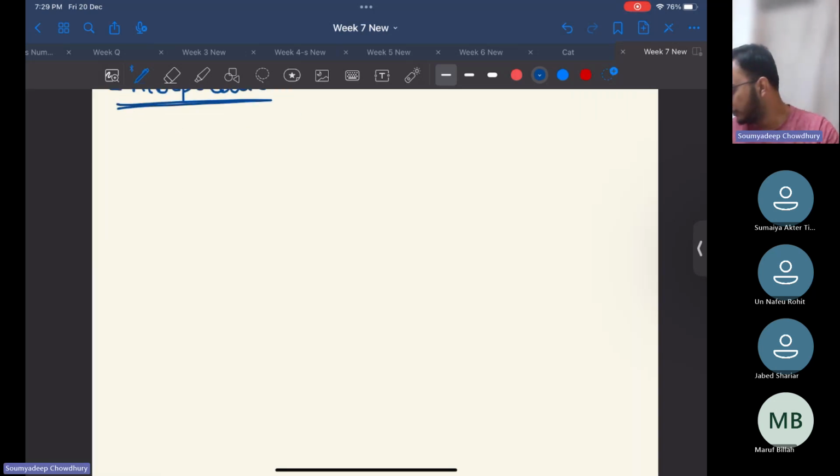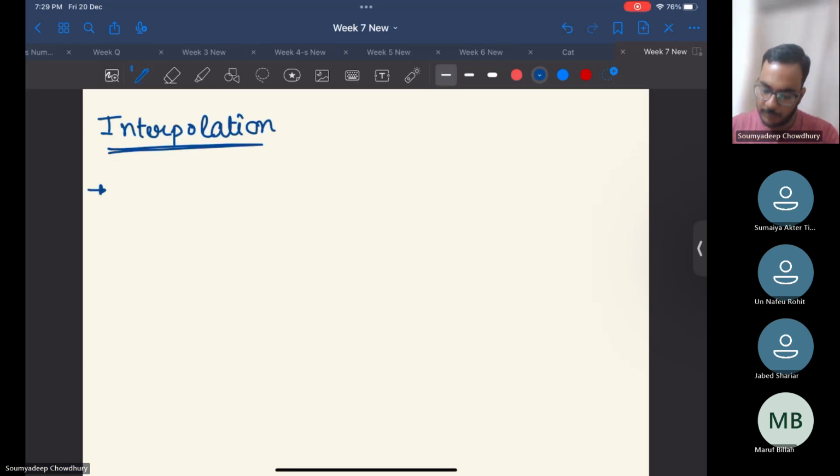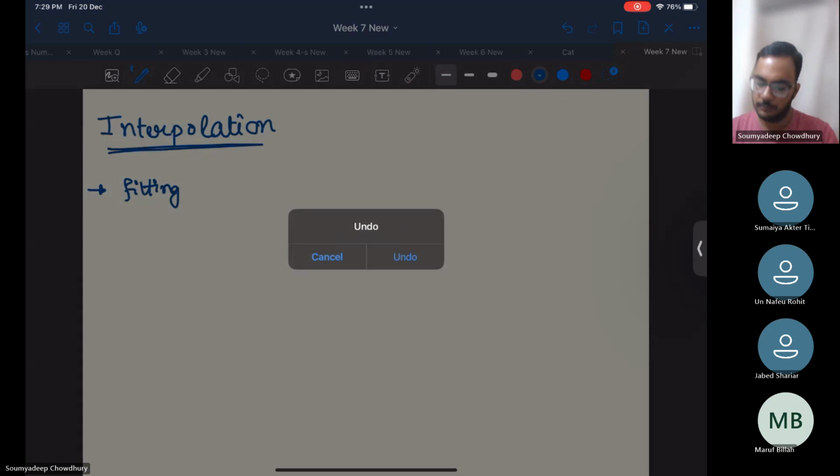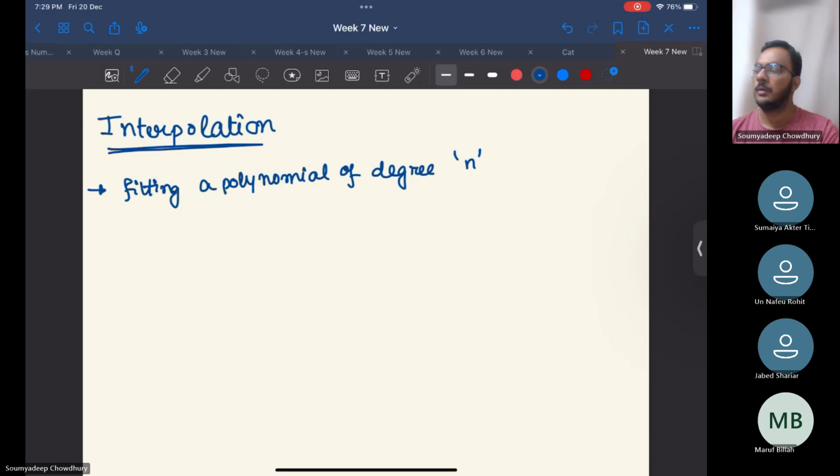So what we do in interpolation is we try to fit a polynomial of degree n to a set of n plus 1 data.